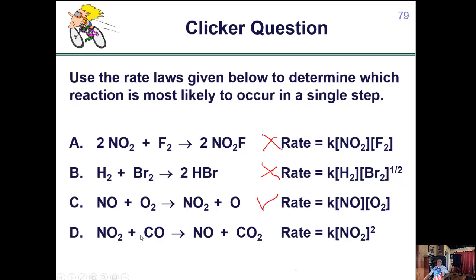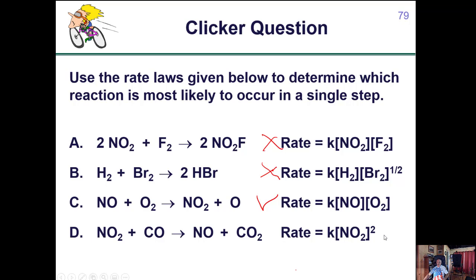Okay? Take a look at the last one. It says that we are unimolecular in NO2 and unimolecular in CO, bimolecular overall. And we see that we're bimolecular or second order in the rate law for NO2. So that is not a match.